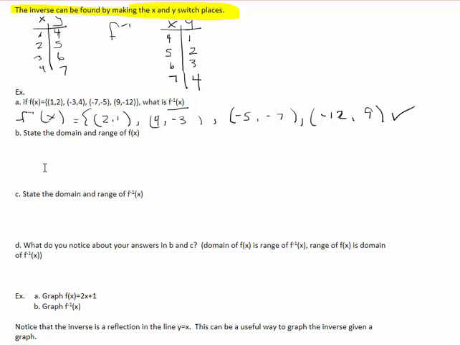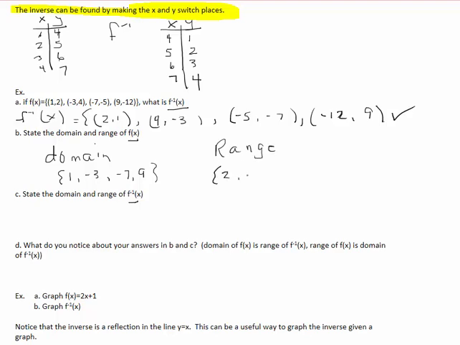If it wants the domain and range of the function, then we can state that. We just need to be really careful that we realize whether it's asking for a function or inverse function. Okay, so the domain for the function has values 1, -3, -7, and 9. The range, always the y values.